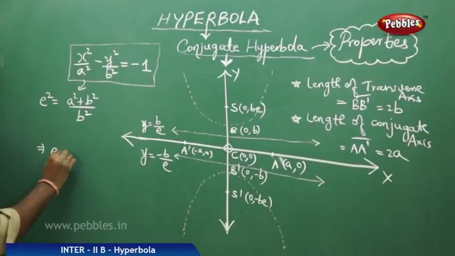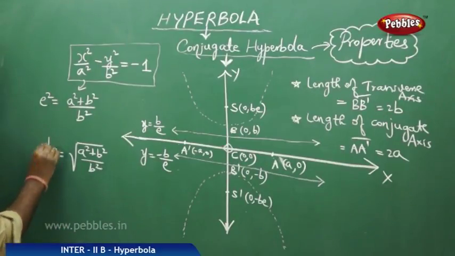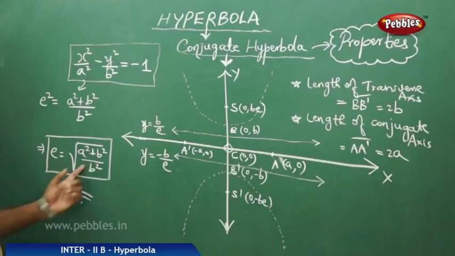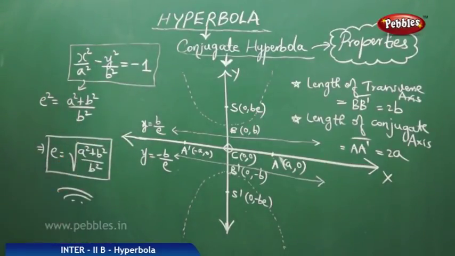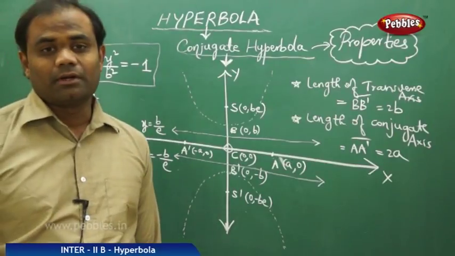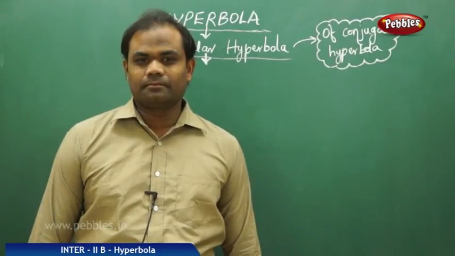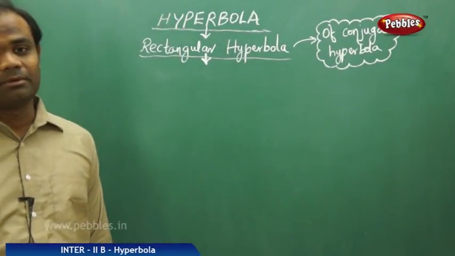That implies e equals root of a square plus b square by b square. Is how we define the eccentricity for conjugate hyperbola. Eccentricity is root of a square plus b square by b square out here. Rectangular hyperbola of the conjugate hyperbola.